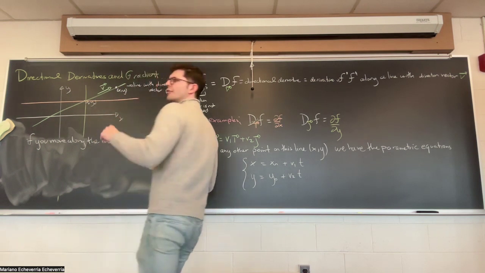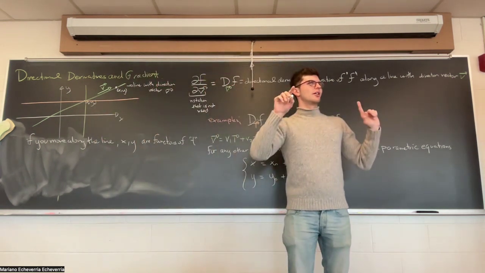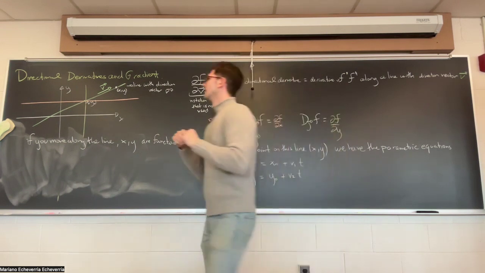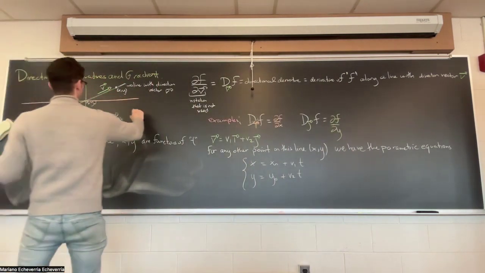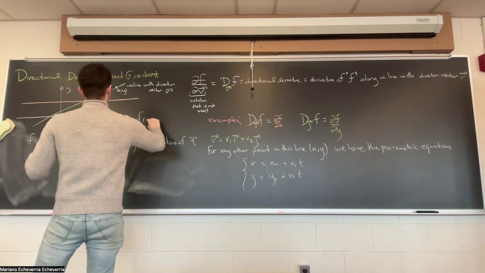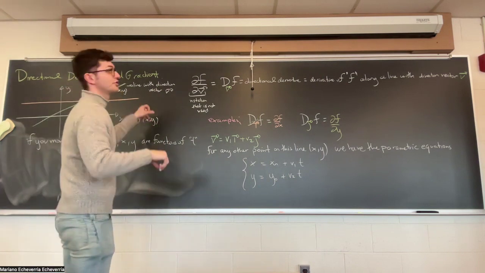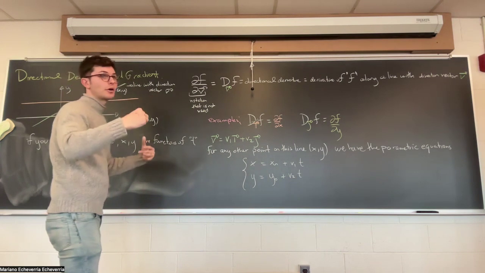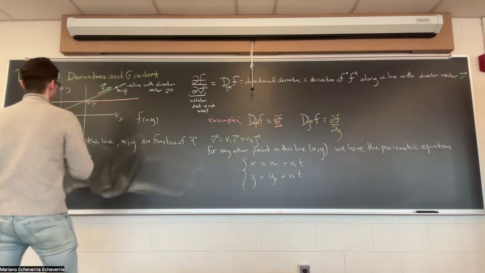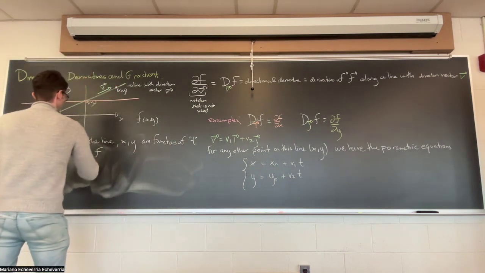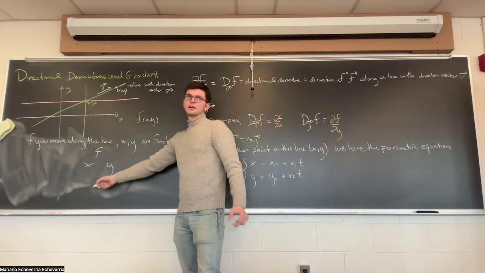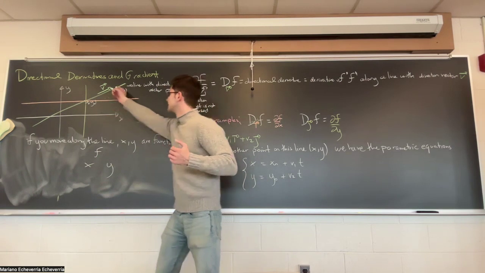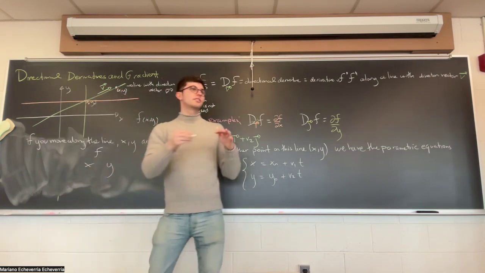So I don't know if you remember the diagrams from last time. We have this function f, let me write it one more time here, which originally depends on x and y. That's how you should think about this function. But along this given line, x and y depend on t.